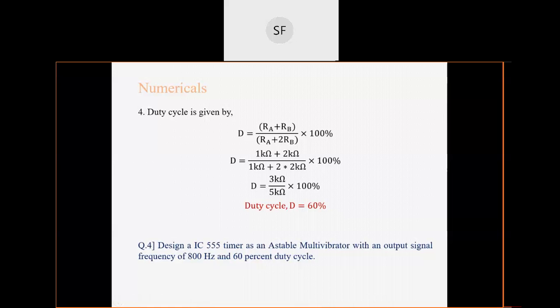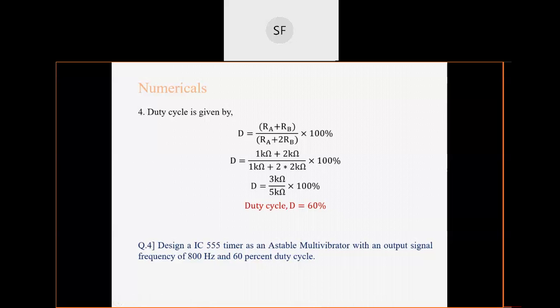What is different in designing problems is that they will give you the output parameters. Maybe they will give you duty cycle, or maybe the frequency of the output waveform, and depending on that you need to design the circuit parameters. Circuit parameters are nothing but the values of resistors and capacitors that you have to find out.